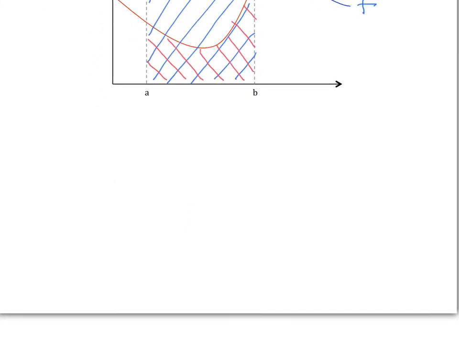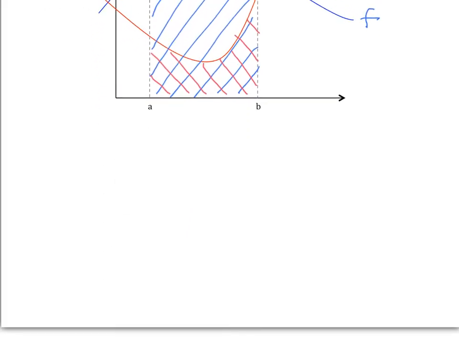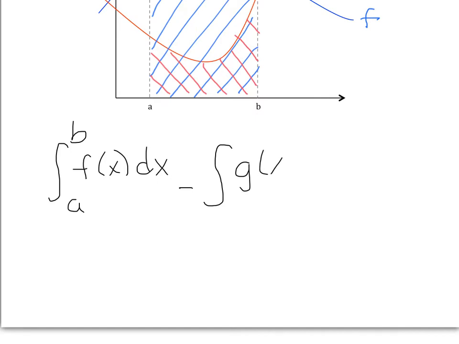So I guess you could say, more succinctly, that we can take the area under f from a to b and subtract the area under g from a to b.